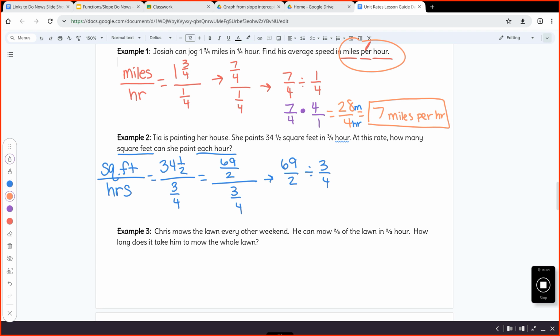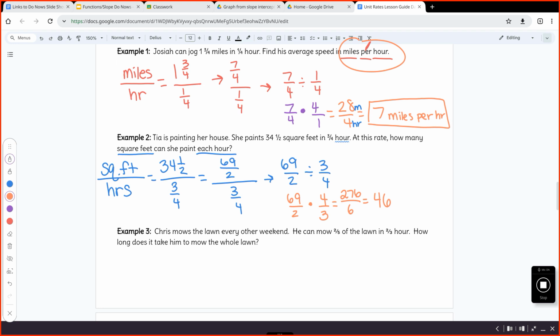We are now going to keep the first fraction, change division to multiplication, and then flip this to the reciprocal. Multiply across. So 69 times 4 gets us 276 over 2 times 3, which is 6. 276 divided by 6 comes out to a whole number of 46.